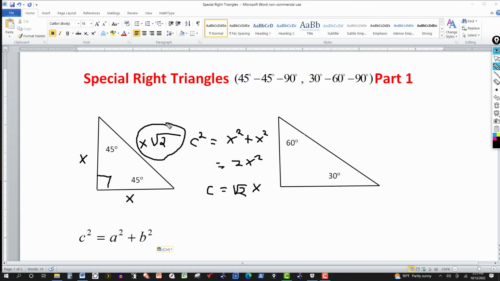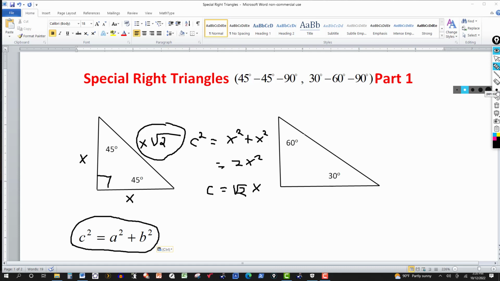So in geometry you work several types of problems where this concept comes into play, either a 45, 45, 90 degree triangle or a 30 degree, 60 degree, 90 degree triangle, and never lose track of the Pythagorean theorem. So you'll be using this in conjunction with these triangles.